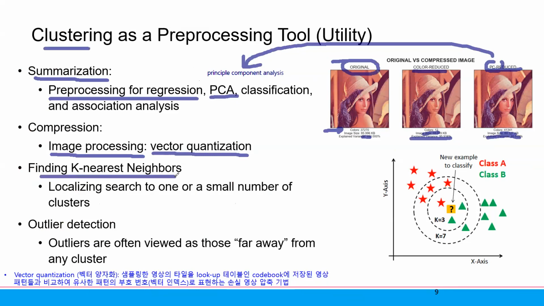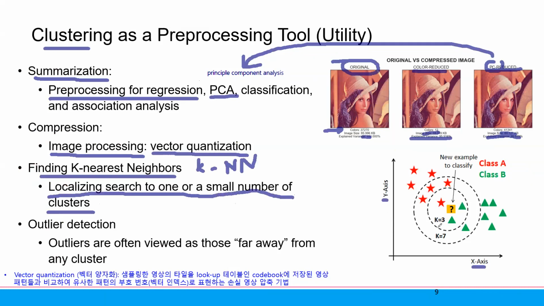Finding k nearest neighbor. Usually we call this KNN. K nearest neighbor, where the N means neighbor. We want to localize the search to one or a small number of clusters. Let's say I have the x and I have the y.